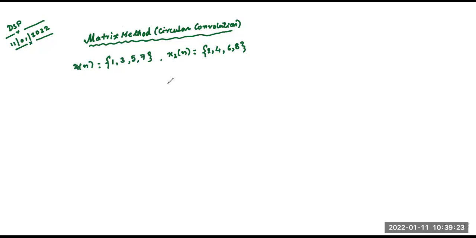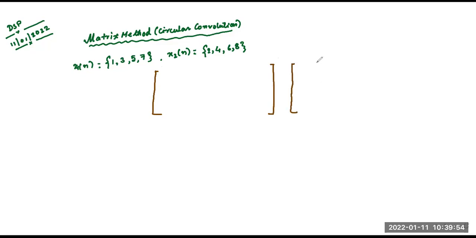So what we have to do? For the matrix method, we will take two matrices. What are the two matrices? This is one matrix, called the first matrix, and this is the second matrix.